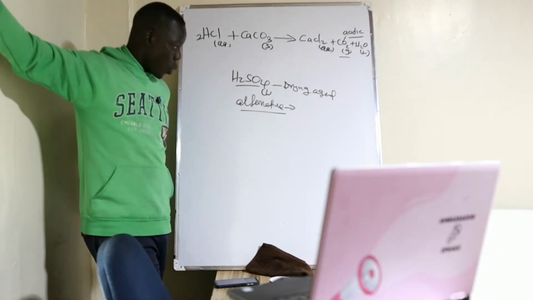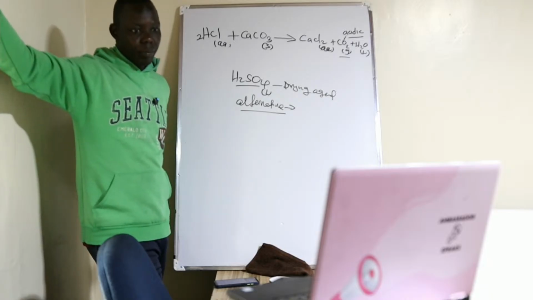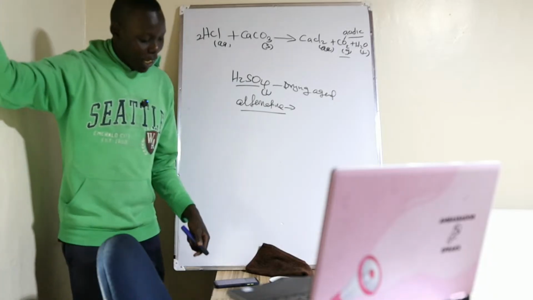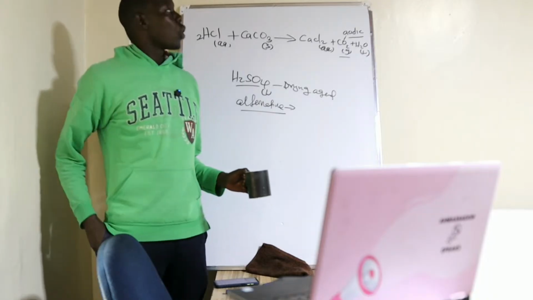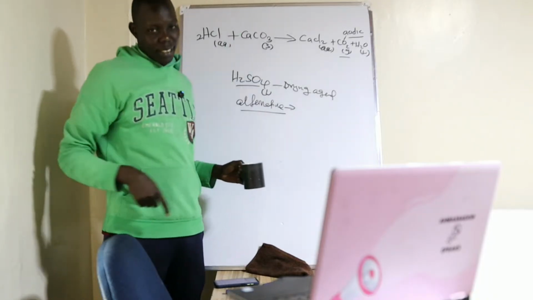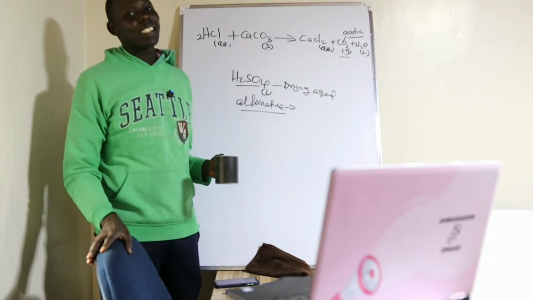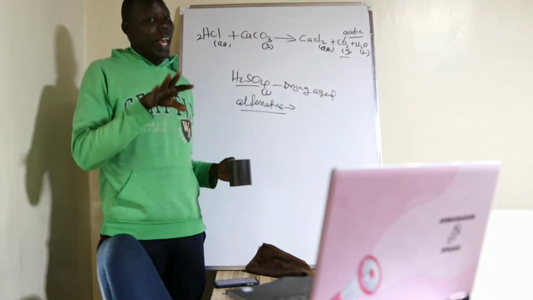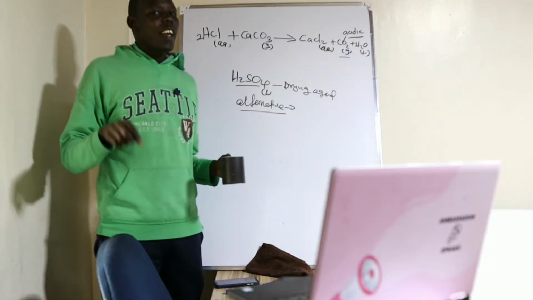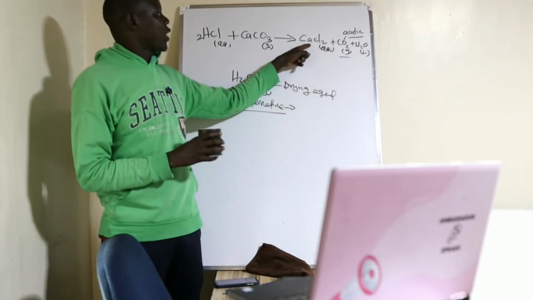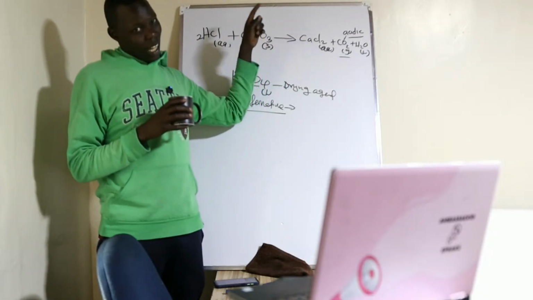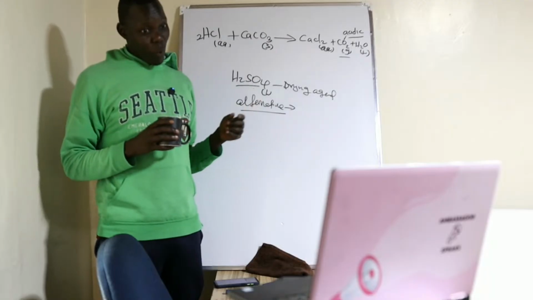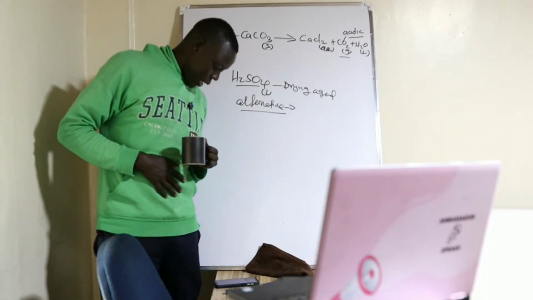Thank you. Now, I have another question. Which other combination of an acid and a carbonate can be used to produce CO2 gas? Make sure there are exceptions we are not supposed to use, especially those that will give us an insoluble salt, like calcium sulfate. Avoid that one.